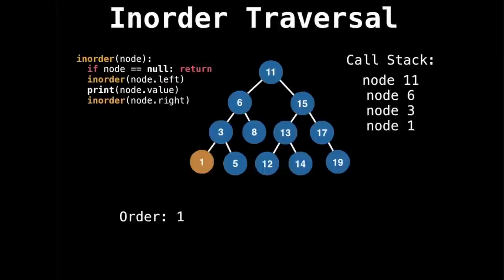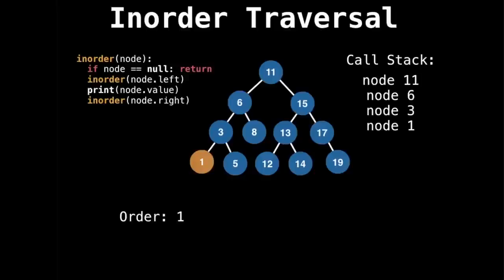And notice as I was going left, I would push those onto the stack, but I'm not printing the value yet because when I call in-order, the very first instruction is to go left. I only print once I've traversed the entire left subtree.